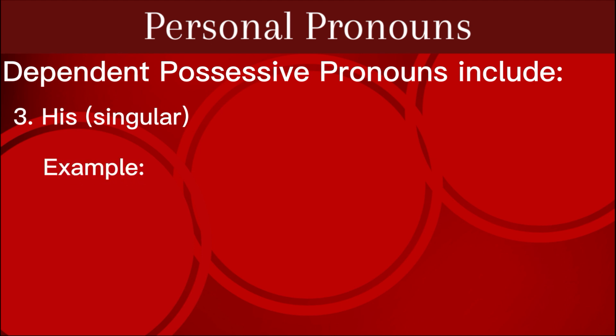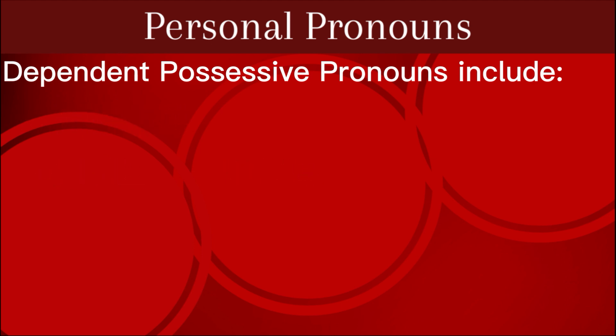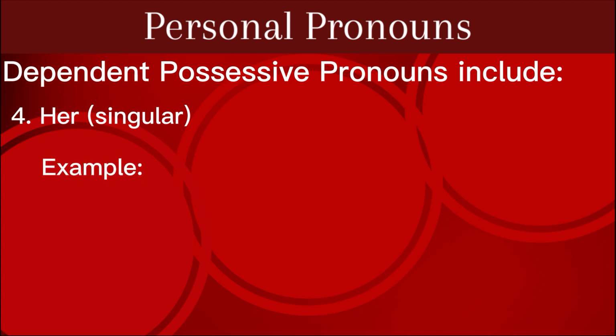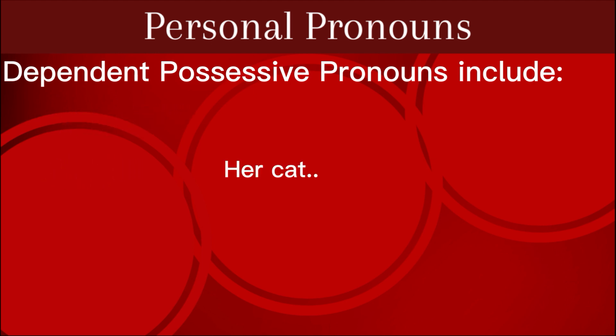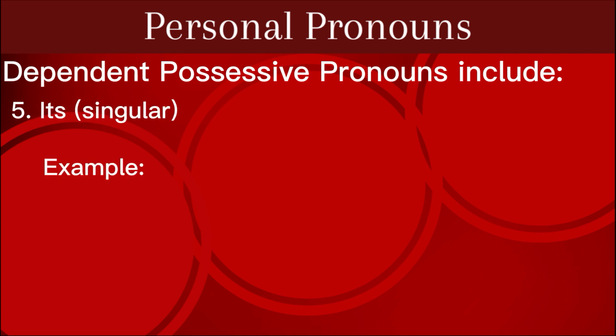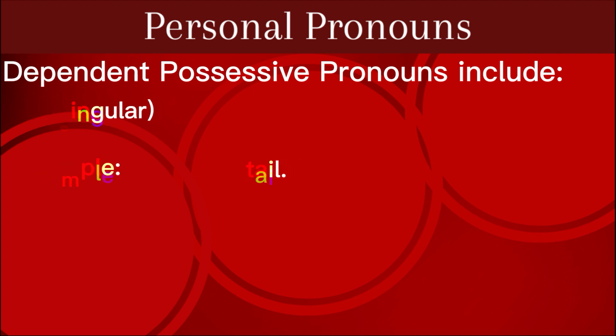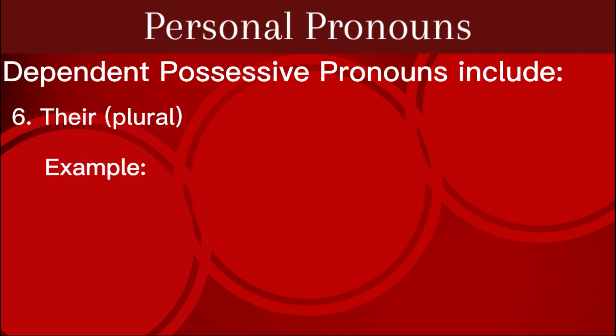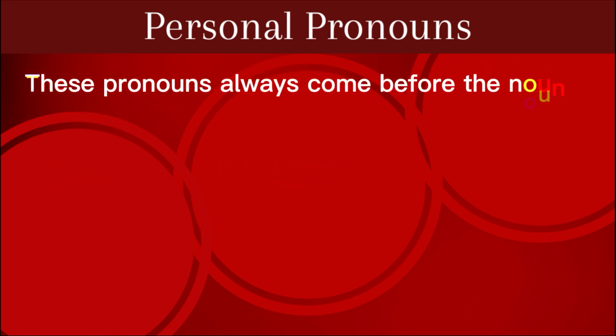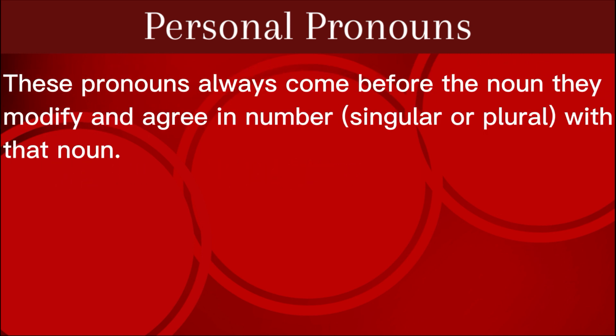Example: his bike. Her, singular. Example: her cat. Its, singular. Example: its tail. Their, plural. Example: their children. These pronouns always come before the noun they modify, and agree in number, singular or plural, with that noun.